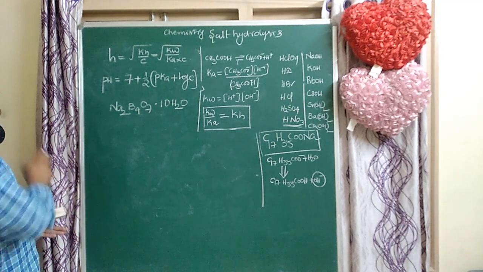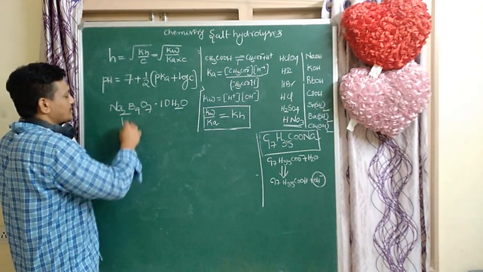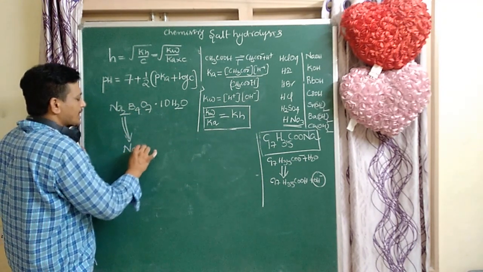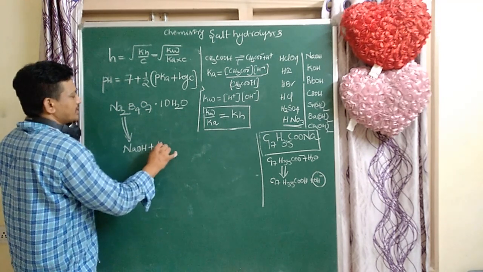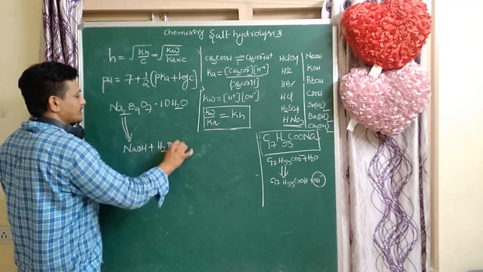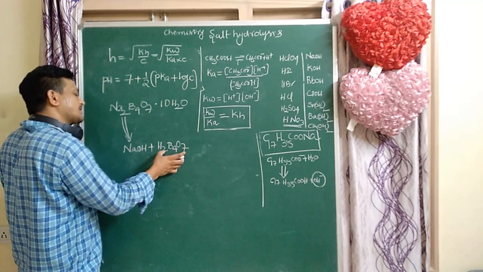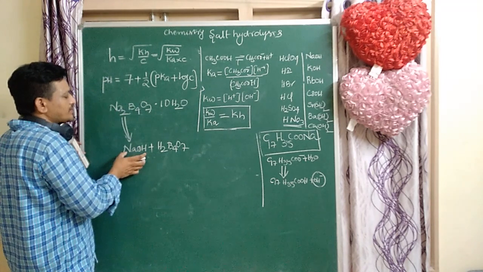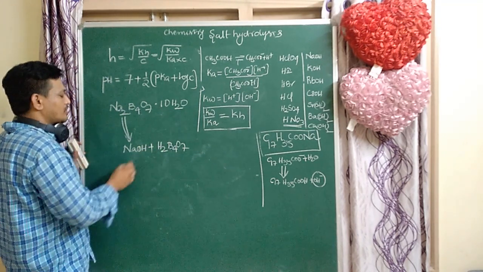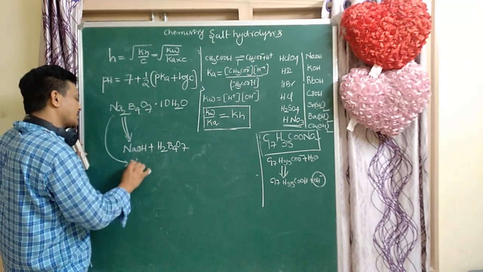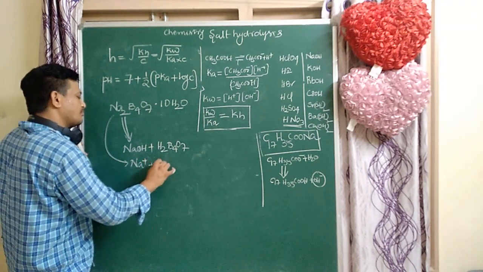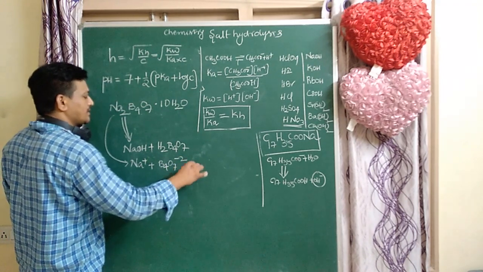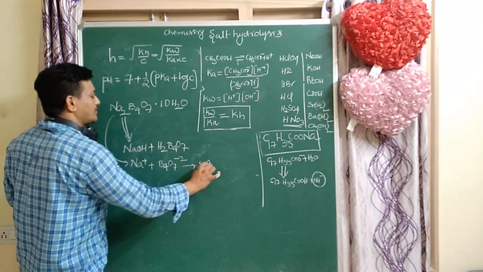How to explain? This salt is made with strong base NaOH and boric acid H2B4O7. So this is the weak acid, this is the strong base. This salt is made with a strong base and a weak acid. So here Na plus is a weak cation, and B4O7 minus 2 is a strong anion.